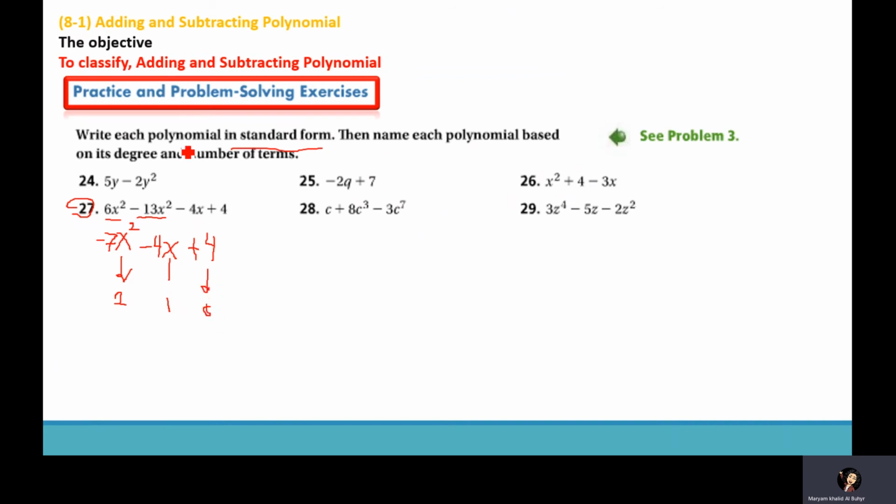Okay, what is the standard form? It's already in standard form. No need to change the order of these terms. So writing in the standard form is done. Now, let me classify it according to the degree of the polynomial and the number of terms. The degree is 2, that means it's a quadratic polynomial. So according to the degree, it's quadratic. So it's a quadratic what? Here we have 3 terms. Since we have 3 terms, we call it a trinomial.